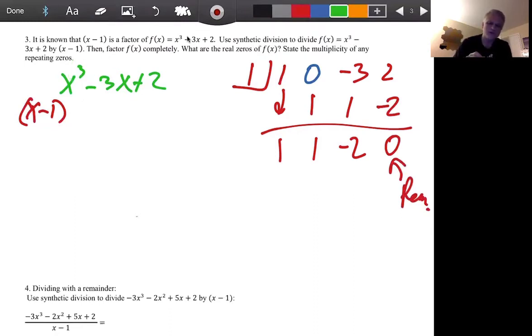So now this is 1x squared plus 1x minus 2. So we've got x squared plus x minus 2. But we want to factor completely. There's a quadratic here. Now we got to go back to the product sum method of factoring. So let's bring our x minus 1 down.